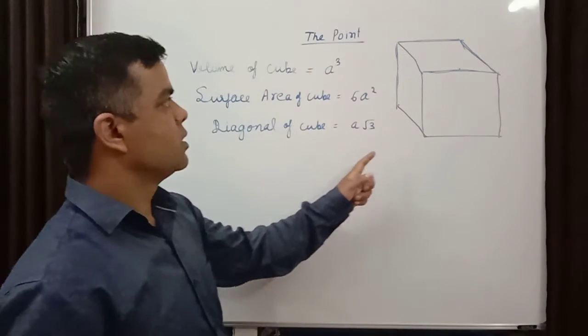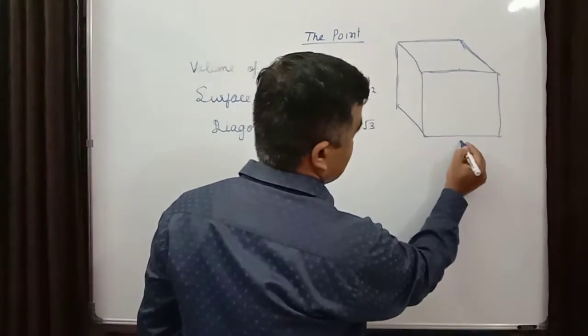Suppose this is one cube, so this side is a.